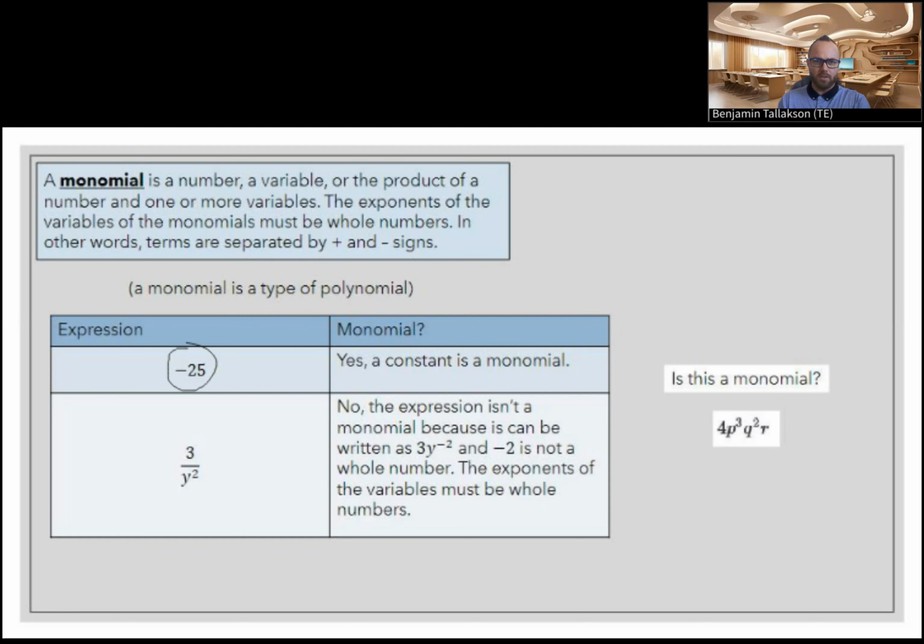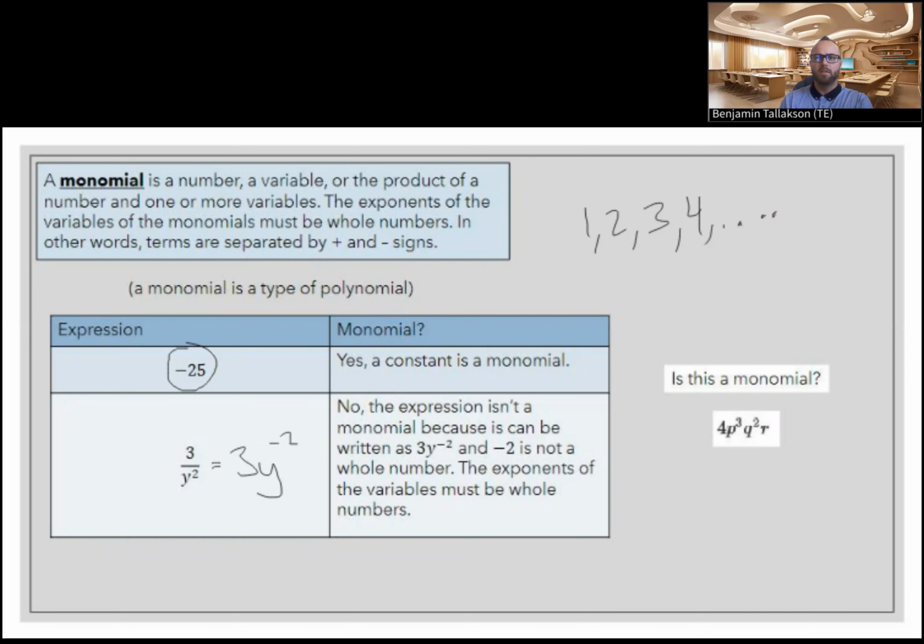So any constant, 5, 100, -25, -7, these are all constants. They are all monomials, but something like this is not. And here's why. Okay? Because this could be written like this, and -2 is not a whole number. Okay, so whole numbers, 1, 2, 3, 4, and so on.